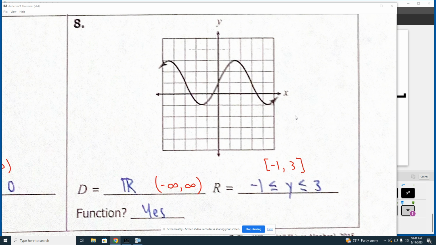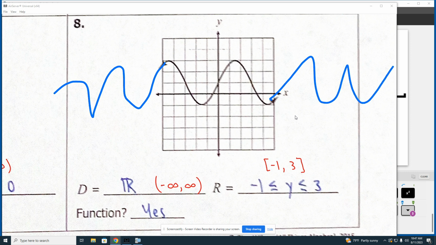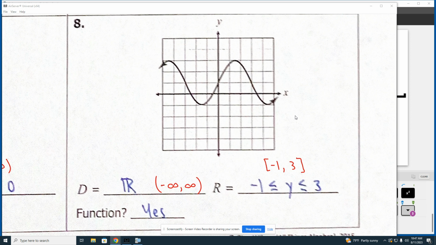Now, there were a couple of questions about whether or not these arrows right here indicate that this thing's going to keep going up forever. But I think what we should have done, and what I did, was I just assumed it was going to keep doing this little number. It was just going to keep going up and down, up and down, up and down. So, with that being the case, it never got below what y value right here? -1.